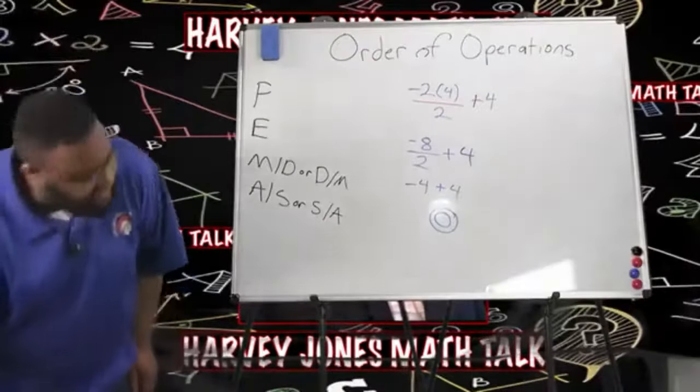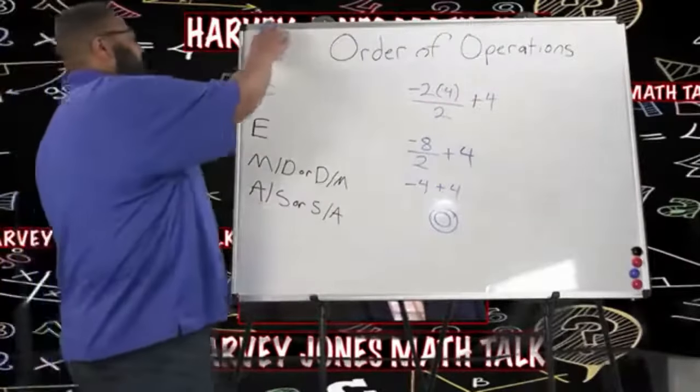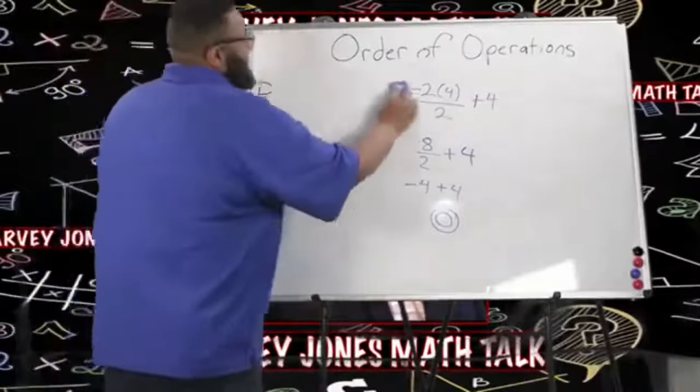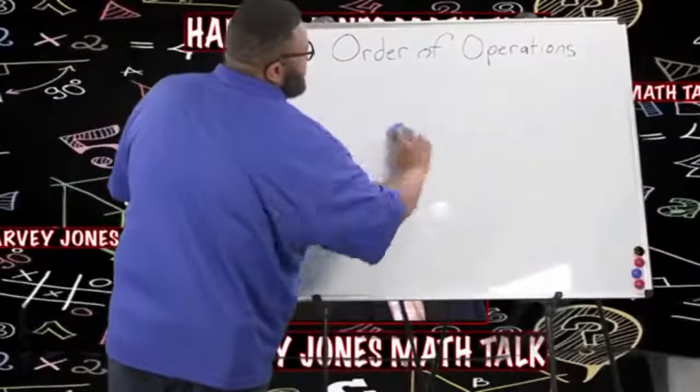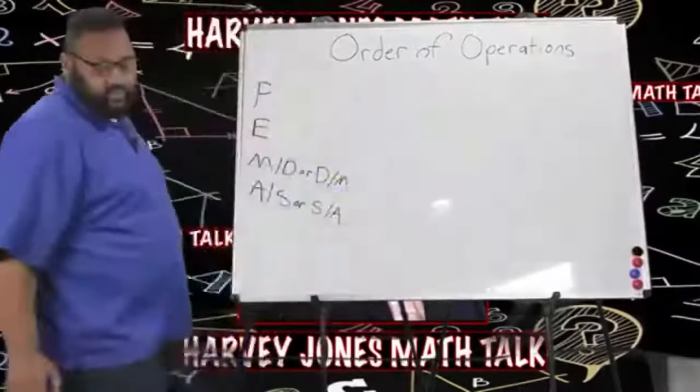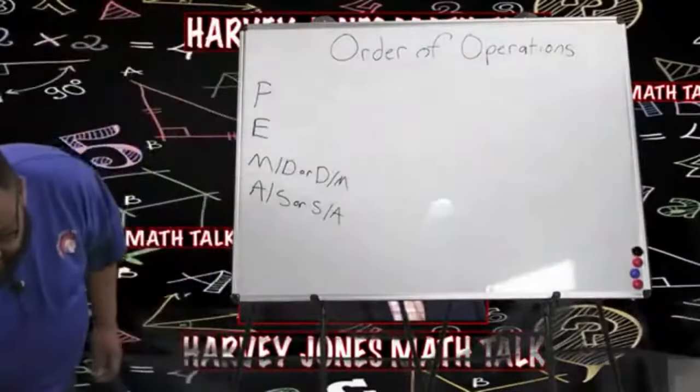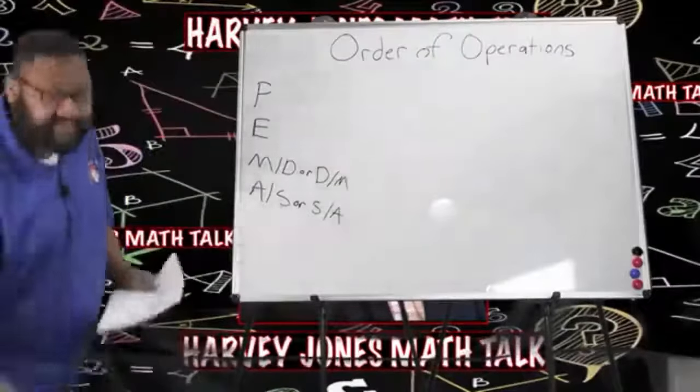Ooh, boy. Are you ready for this next one, folks? Let's get ready. I'm going to put another grouping sign up here. Remember I talked about the absolute value? I'm going to put an absolute value up here.